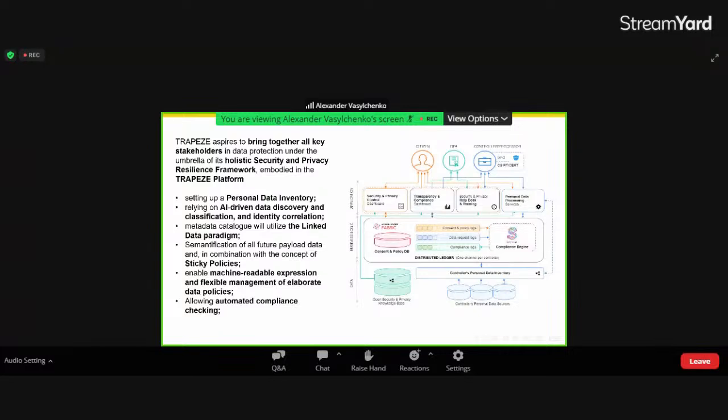So, this sticky policy essentially enables machine readable expression and flexible management of even some kind of difficult elaborate data policies, which allow automated compliance checking.